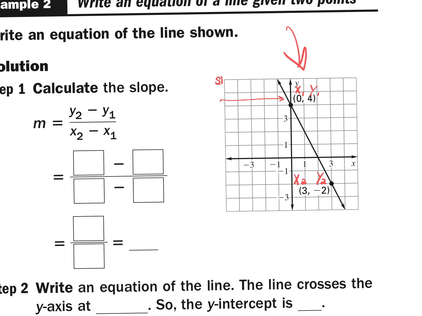Start reading from the left to the right, and this will help you figure out which point to start with. So we're going to start with that one, because if we read the graph from left to right, this will be the first point we come to. So we're going to fill this in.